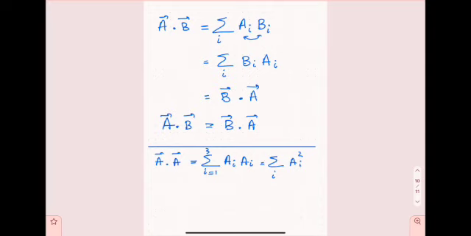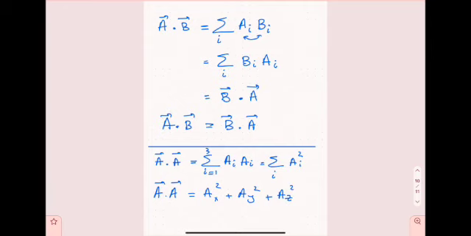So, for example, in this 3-dimensional case of A times A, that means we write A of x squared, A of y squared, and A of z squared.